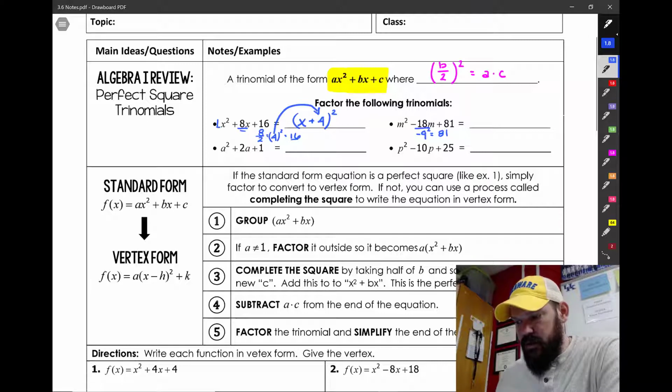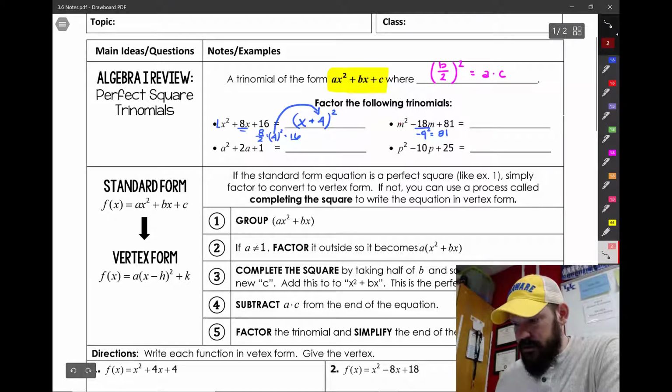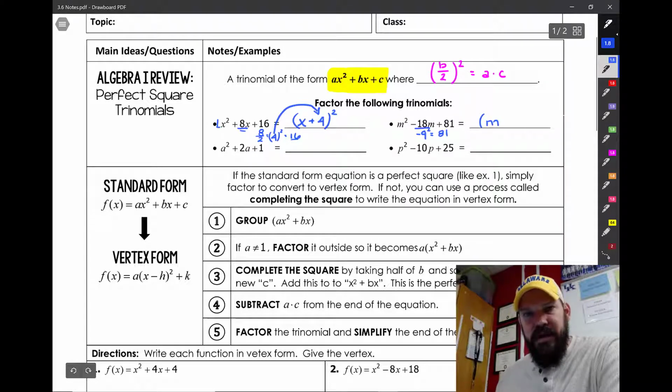And we see that 1 times 81 is 81, and when we square negative 9, we also get 81. So those two numbers work out. That means this one is going to factor as m, and then remember, we use half the middle term, so half of negative 18 is negative 9, quantity squared.